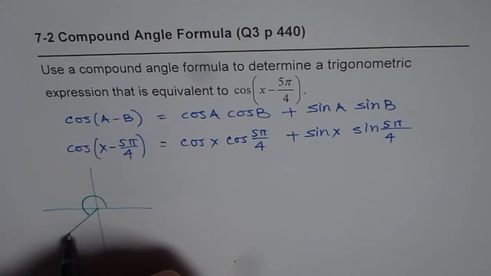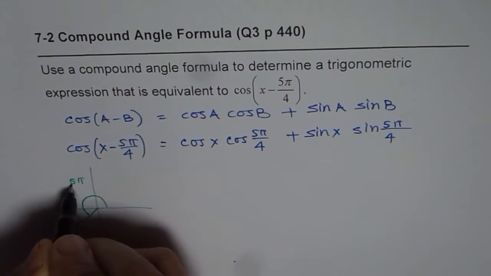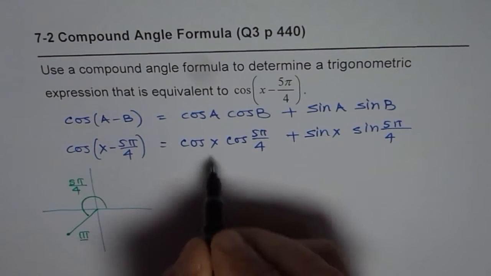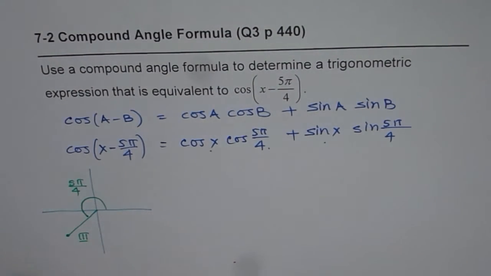So this is the position which is 5 pi by 4, correct? Since we are in quadrant 3, both sine and cosine are negative, correct? They are both negative.